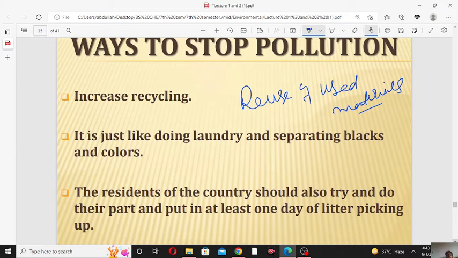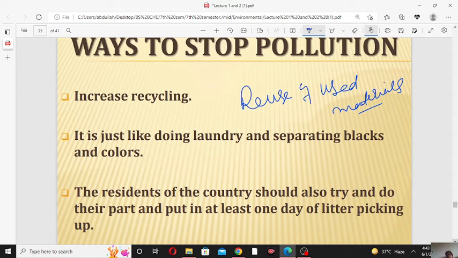It is just like doing laundry and separating blacks and colors. So the first way to reduce pollution is recycling. The second way to reduce pollution is the elimination of pollution from the source.